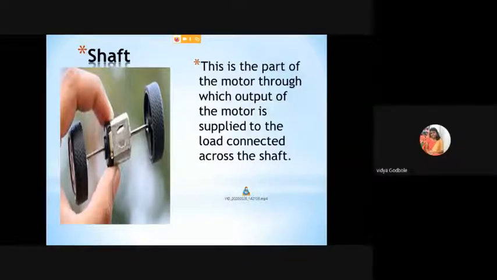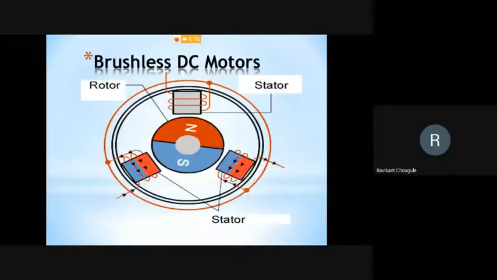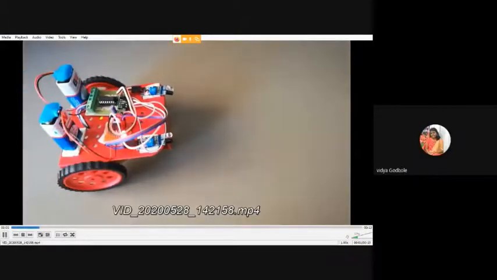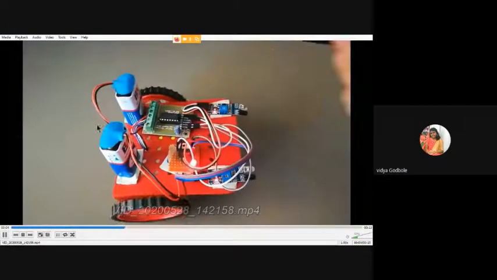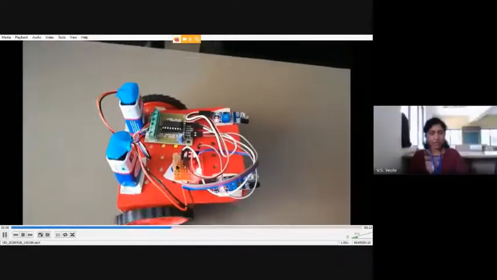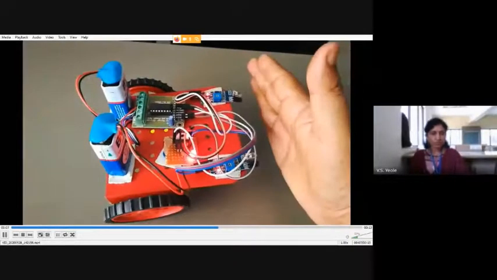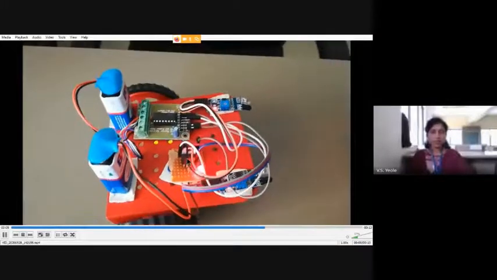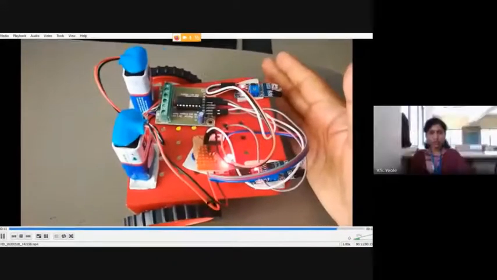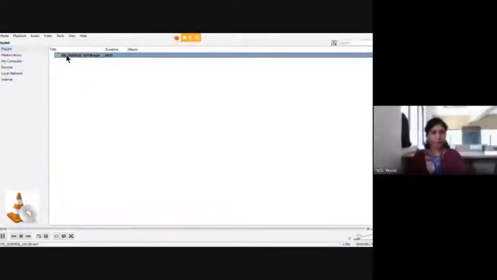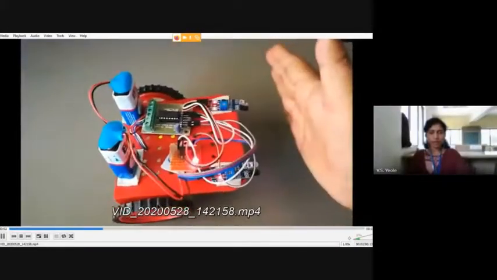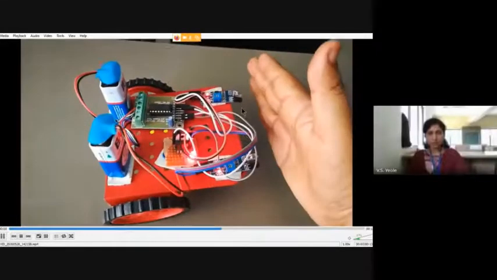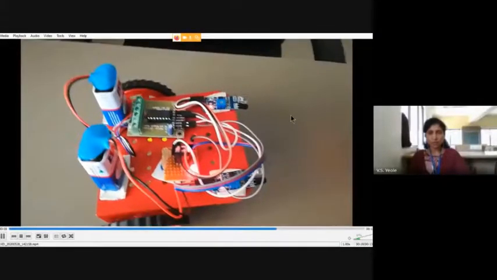Now we will see one video. In this video you can see that a robotic arm is used, and this robotic vehicle is run by using DC motors. Now in this vehicle sensors are connected.